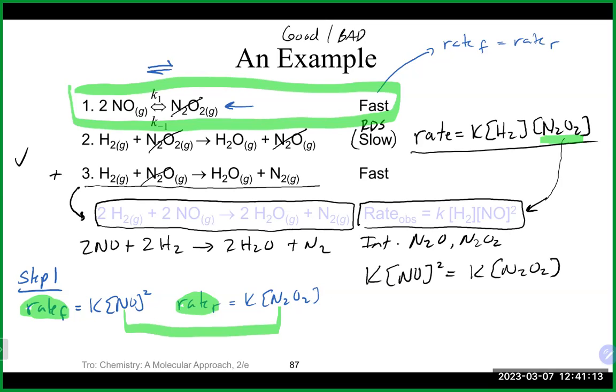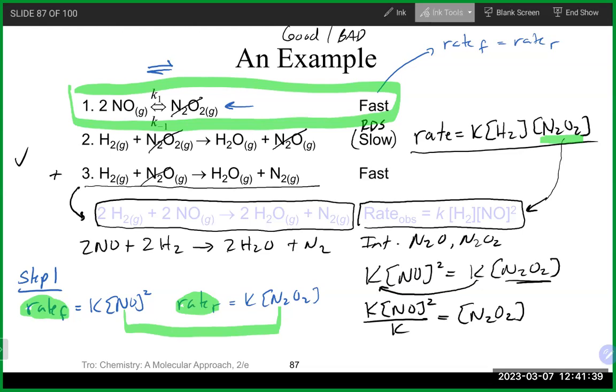N2O2. So that's what we need to solve for. So if I solve for this guy, I need to divide this K to the other side. And when I do that, I will end up with K times NO squared divided by K equals N2O2. Any questions on that?